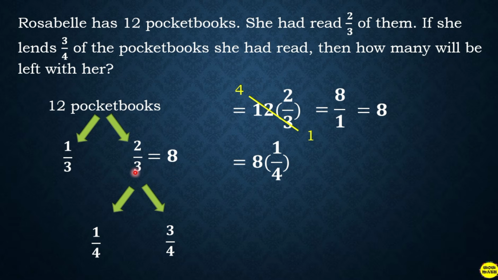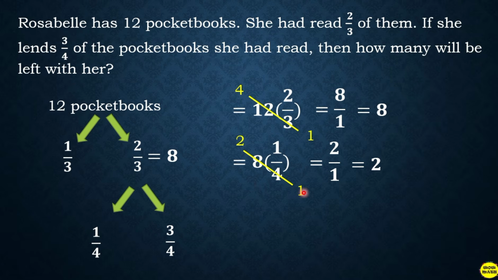Kukunin naman natin yung 1/4 nung 8. Bakit 1/4? Ba't hindi 3/4? Kasi yung ang tinatanong ay yung natira sa kanya. So, dito tayo. Kasi ito yung pinahiram niya. So, dito tayo. Kukunin natin yung 1/4 nung 8. And that is, cancel natin to. So, that is 2. This is 1. So, 2 times 1, that is 2.